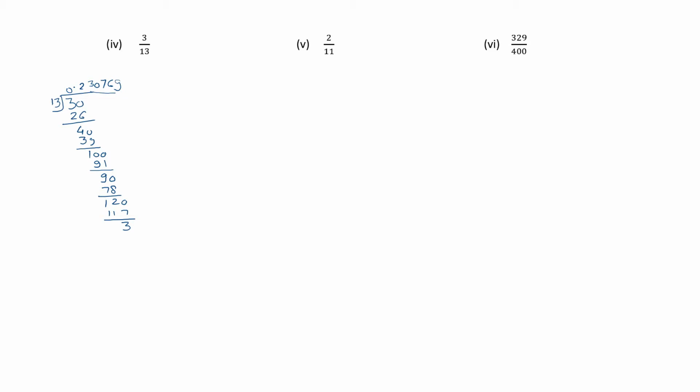Right? So let's check. 13 times 2 is 26. So it will start to repeat, right? So see here, 3 starts to repeat. So if we write 3 by 13, we will get 3 by 13 is equal to 0.230769, a block of these 6 digits.